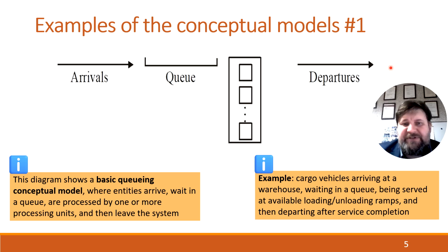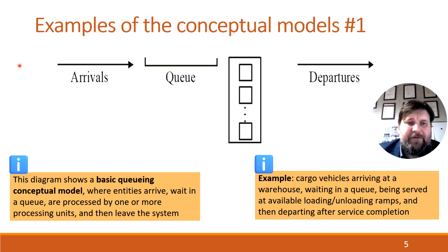It seems that the following conceptual model is a bit generic, but to be honest, even this simple conceptual model could represent quite a lot of realistic schemes. So let's imagine a logistics domain.